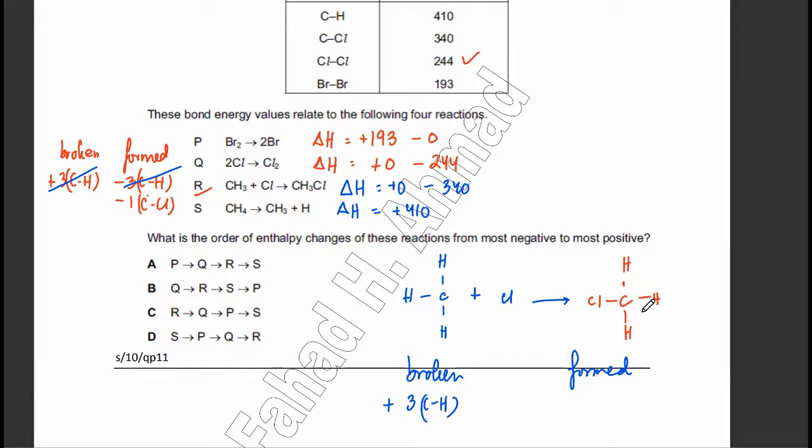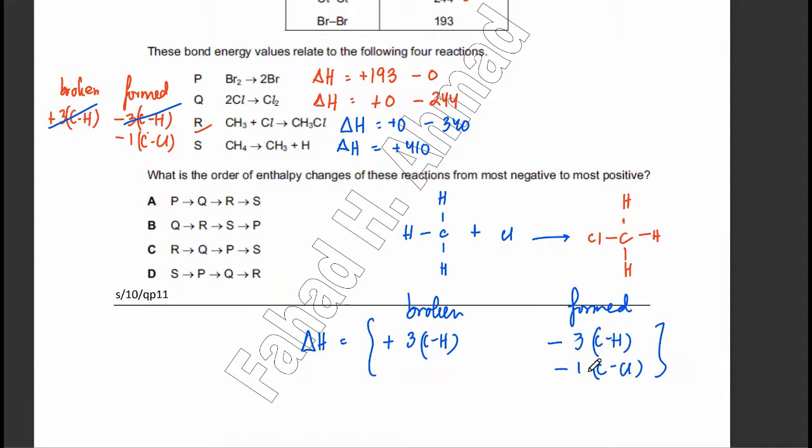So it's 3 CH bonds and there's 1 CCl bond. Now bond formation is exothermic, so the sign is going to be negative. So the enthalpy change is going to be the sum of all of this. Bonds broken and bond formation, where formation is negative because that's exothermic.